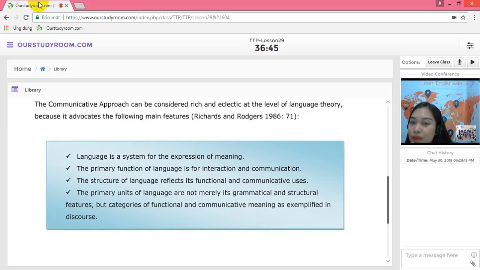The fourth one: the primary units of language are not merely its grammatical and structural features, but categories of functional and communicative meaning as exemplified in discourse.